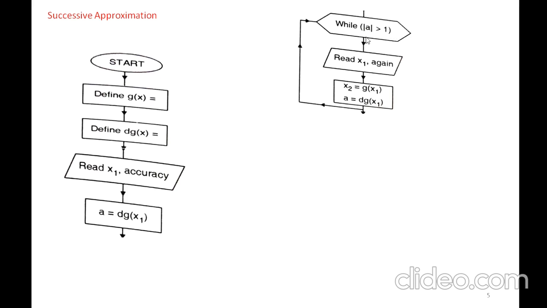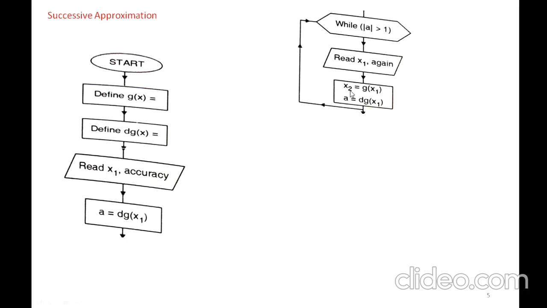While A is greater than 1, this is the divergence condition. That's why we will read the value of x1 again. Once the value of A is less than 1, this loop will not execute.